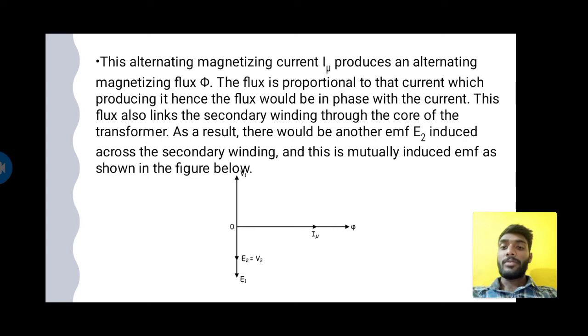As a result, another EMF E2 is induced across the secondary winding, which is a mutually induced EMF, as shown in the figure below. The secondary EMF E2 is equal to voltage V2, EMF E1 is downwards and voltage V1 is upwards, and I mu is to the right of the EMF and voltage.